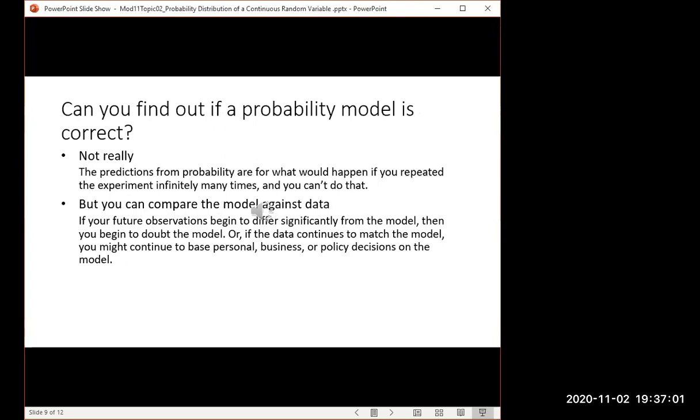If your future observations begin to differ significantly from the model, then you begin to doubt the model. Or if they continue to match pretty well, you might continue to use the model for decisions, personal or business or policy decisions. It might be based on the model if, so far, it's doing pretty well.